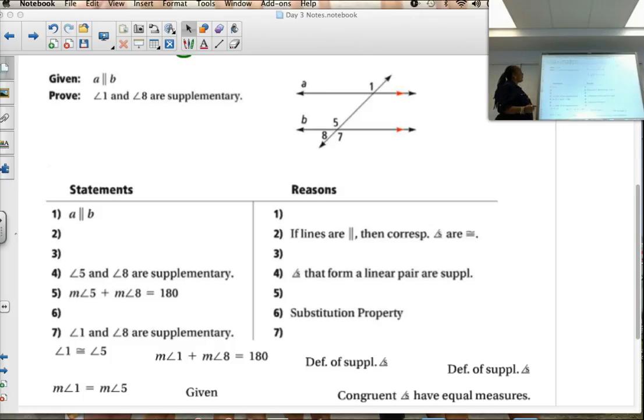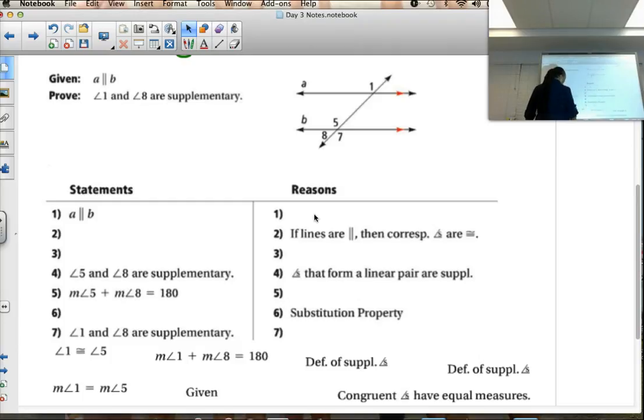What do we always write? Given. So if their first statement is A is parallel to B, we know that was given. But please check to make sure that that was your given. Don't assume, always read.